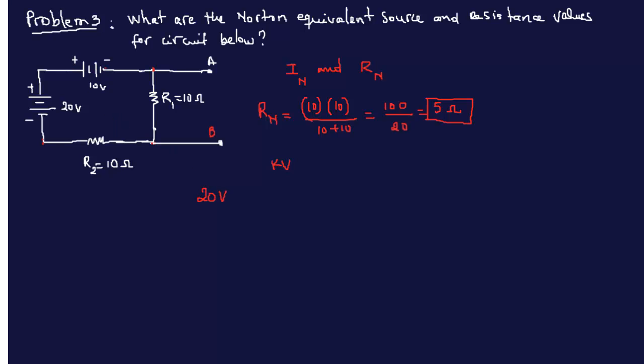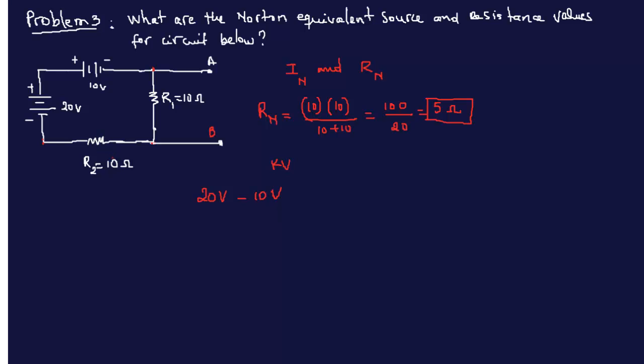Plus to minus, that's minus 10 volt. There's nothing that goes through here, absolutely no current flowing through that because it's short-circuited here. So we have this for the voltage.